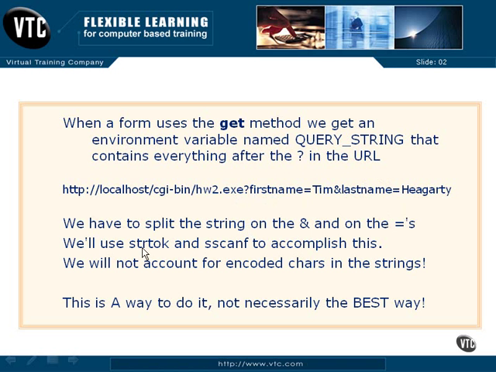Okay, we'll use string token and scanf to do that work. We are not going to watch for encoded characters in the string. If I put some odd information in here, it'll be encoded, and it would come in with %20 for a space. That's hexadecimal 20 for decimal 32, or a space character, and that's called encoding.